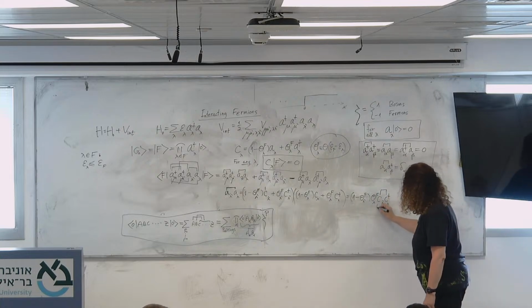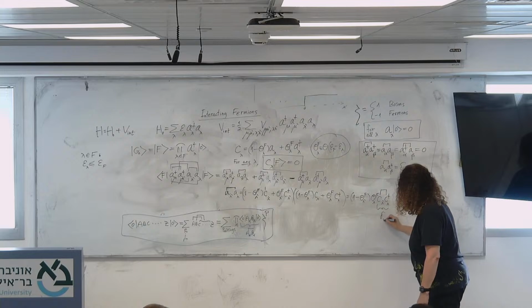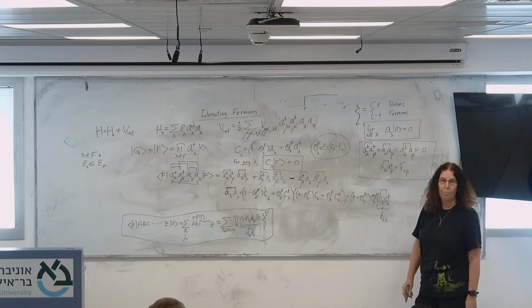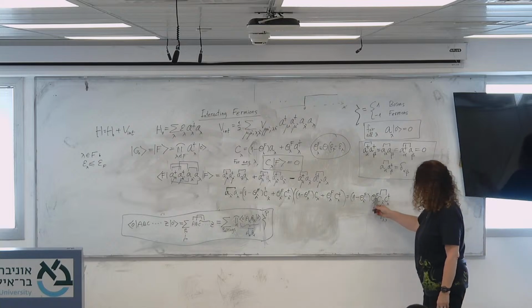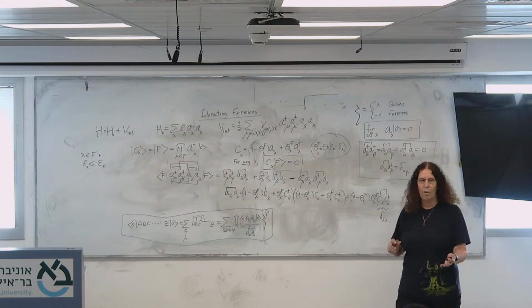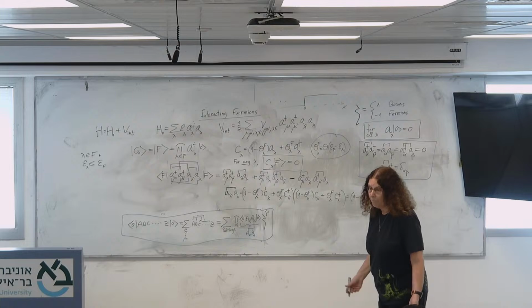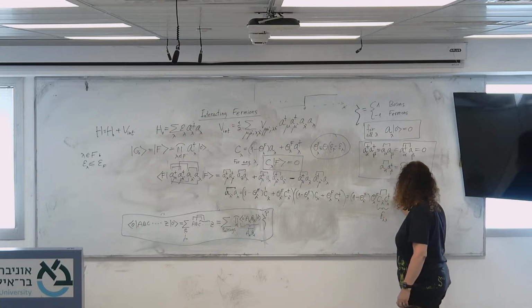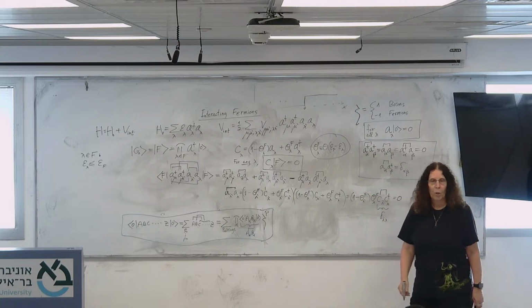And this is a delta of lambda prime, and therefore it is actually 0. Why? Because it's a product of theta and 1 minus theta. So it's either 0 or 1, and the product always gives me 0. Okay?